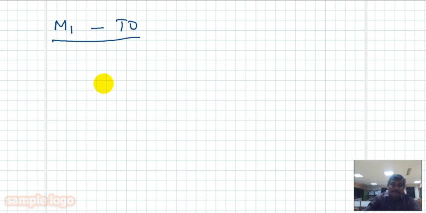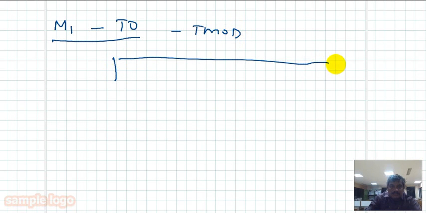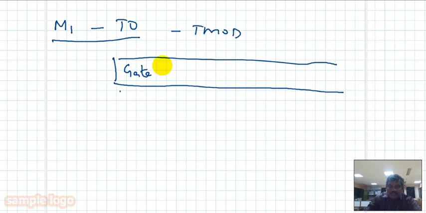This is given. And to select this, you're supposed to use register TMOD. What is TMOD register? This is one 8-bit register, and the register is not bit addressable. This you don't forget.